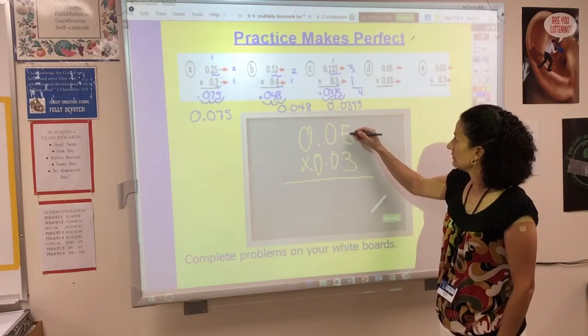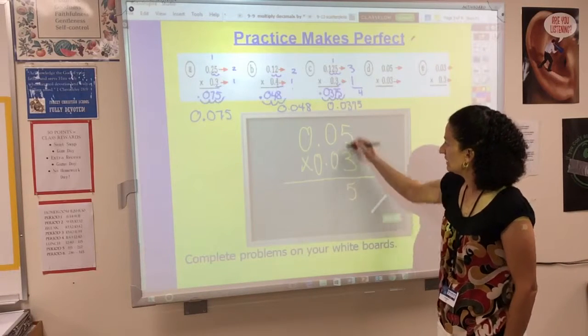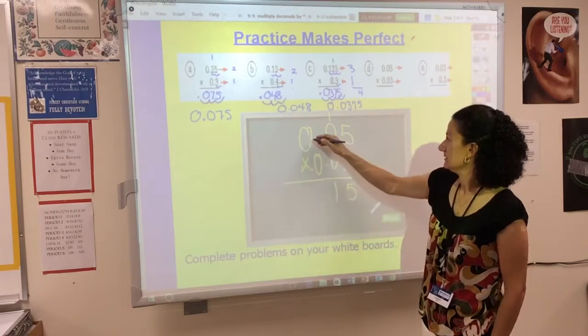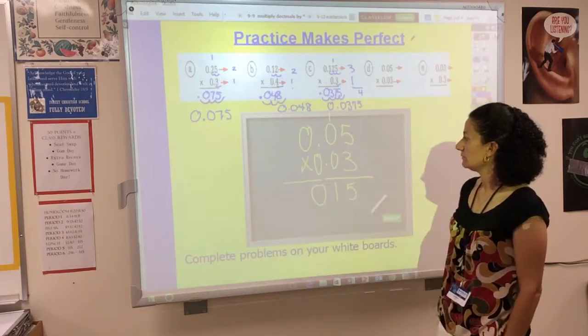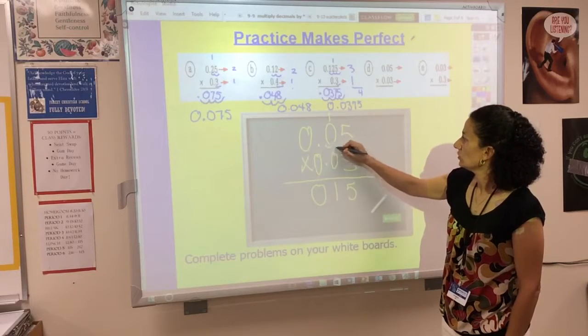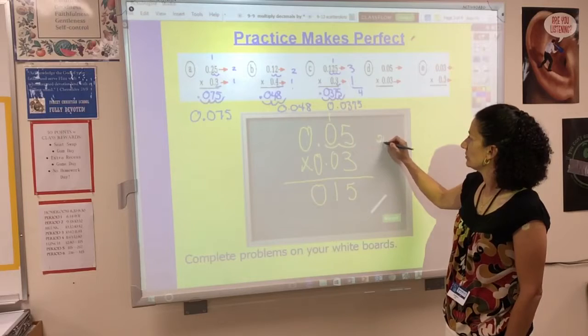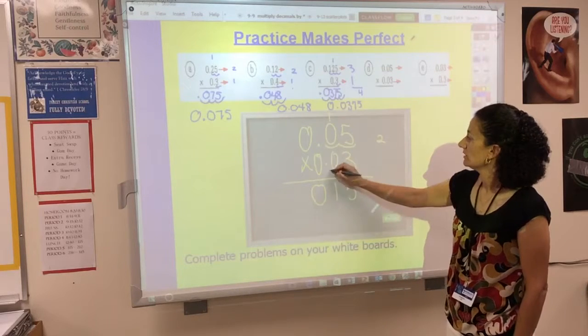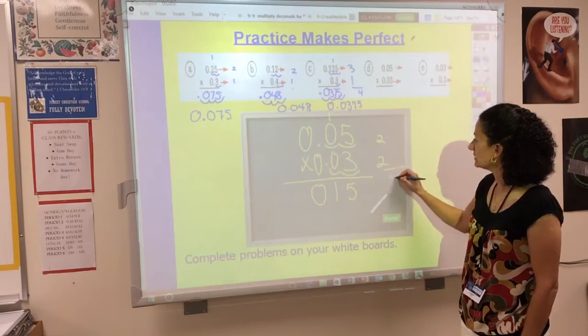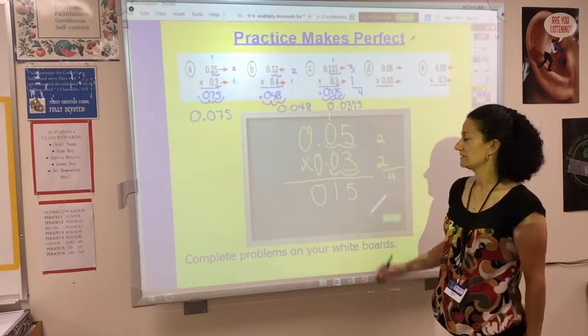So here, all I have to do is 5 times 3, which is 15. 0 times 3 is 0, and 1 is 1. 0 times 3 is 0. Let's see what happens here. I'm ready to count my decimal places. There's 1, 2 digits behind the decimal in this number. 1, 2 in this number. So that's a total of 4 decimal places. So watch this.